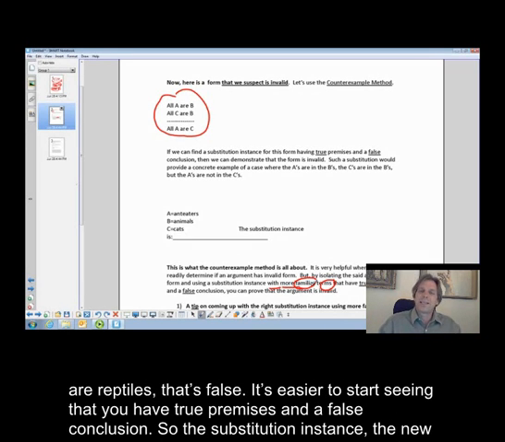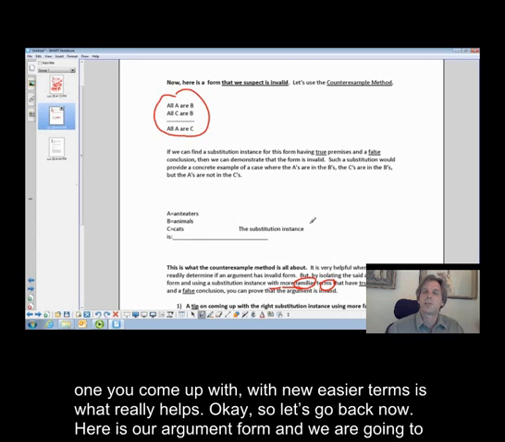That's false. It's easier to start seeing that you have true premises and a false conclusion. Okay? So the substitution instance, where you come up with new, easier terms, is what really helps. Okay, so here's our, let's go back now.